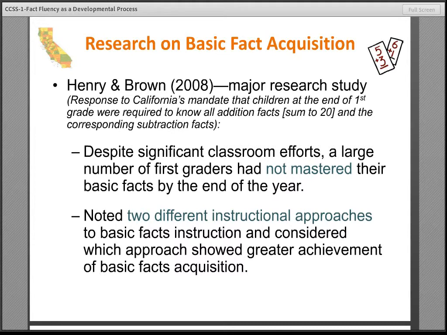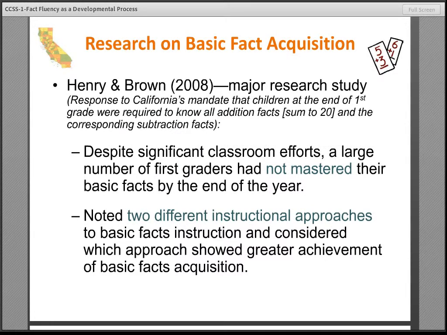Even for students attending schools ranked academically by the state in the top 10%, achievement was far from proficient. Only 10.4% retrieved at least 80% of the facts." End quote. The addition facts acquisition was 40% and the subtraction facts acquisition was 12.5%. So neither set of facts was even close to the mandated expectation.